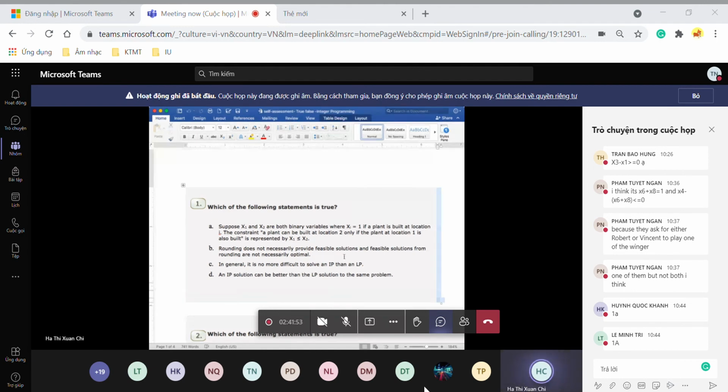What about number B? I think A is correct, but what about B, everyone? Rounding does not necessarily provide a feasible solution, right?